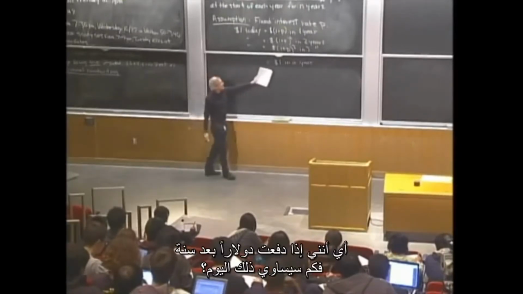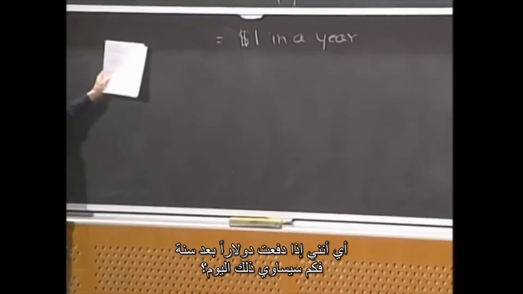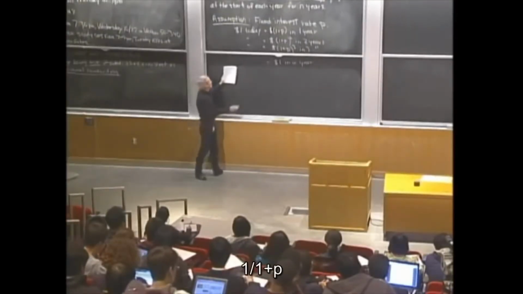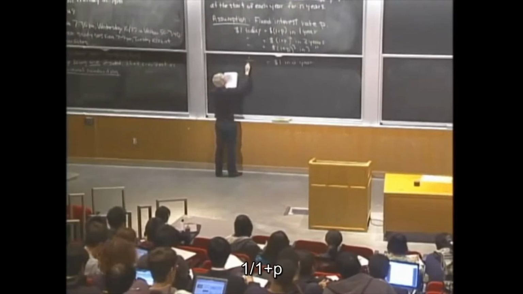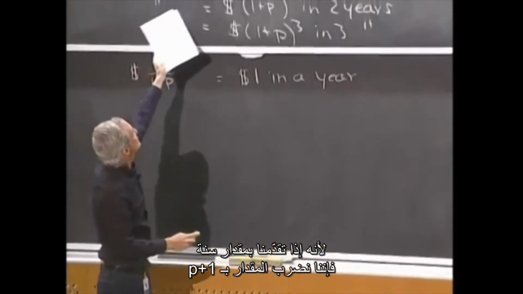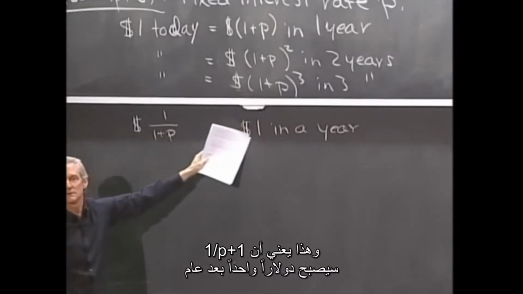If I'm going to be paid $1 in a year, what would be the equivalent amount to be paid today? 1 over 1 plus P. Because as you go forward in a year, you just multiply by 1 plus P. So 1 over 1 plus P turns into $1 being paid in a year.